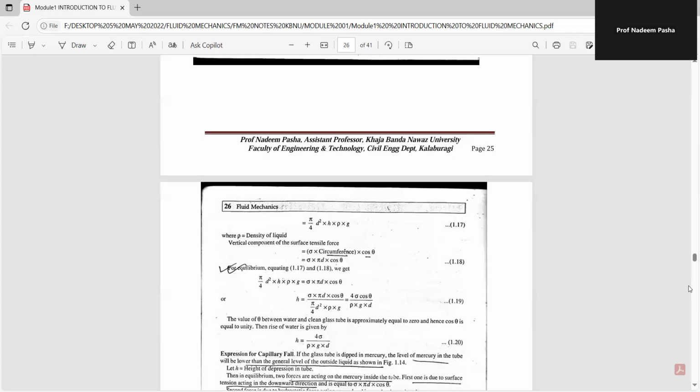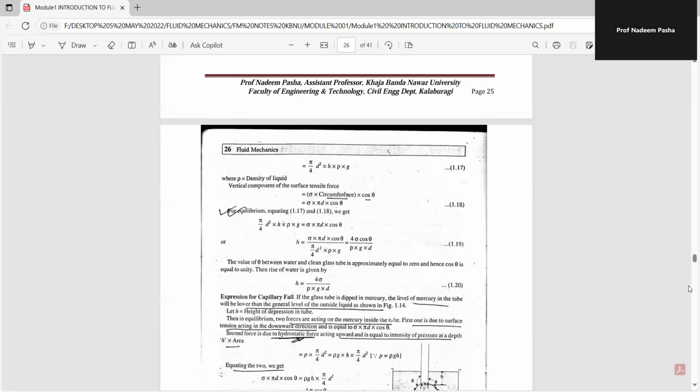Then the rise of water is given by, modifying the equation because cos 0 is 1, h equals 4 sigma by rho g d. I hope we have understood what capillary rise is and what equation is used to calculate it. Now we will go to one more derivation, the expression for capillary fall.